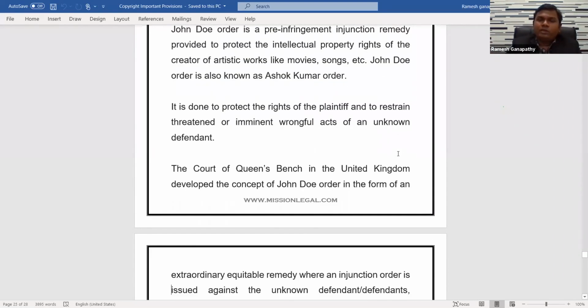It is done to protect the rights of the plaintiff, to restrain the threatened or imminent wrongful act of an unknown defendant. See, in an Anton-Pillar order, you know the defendant.